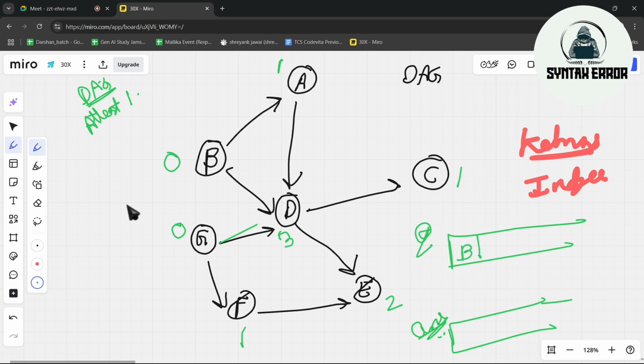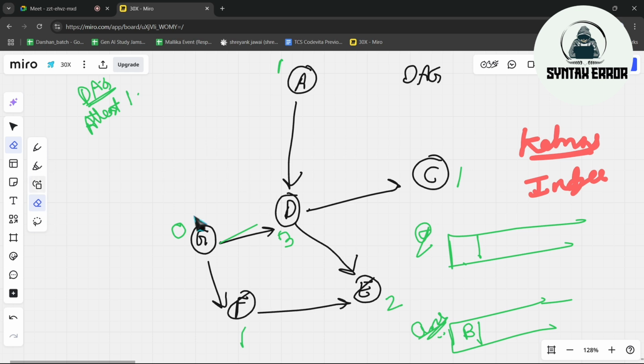Now when we have elements in the queue, we pop it and put it in our topological sort. After popping it, we have to remove it from our main graph also. So we remove B from the main graph also.